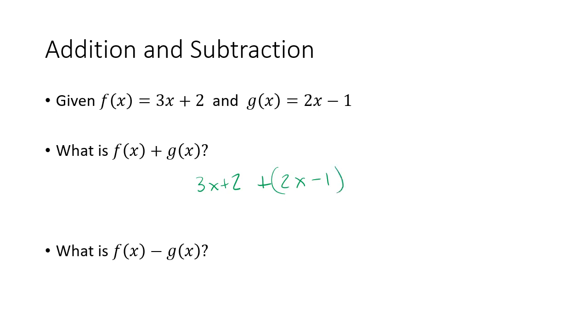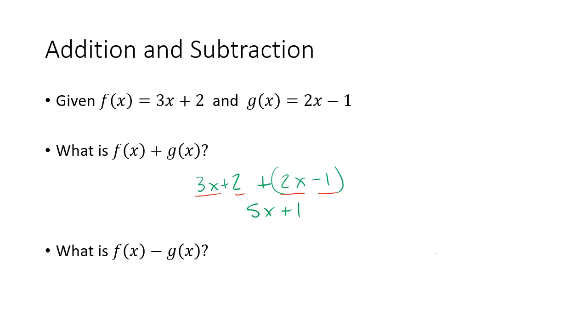You can think of that 2x minus 1 as being in parentheses because I'm adding that whole thing. And now we just need to combine like terms. The 3x and the 2x combine to be 5x, and the 2 and the negative 1, 2 plus the negative 1, is just 1, so this would be 5x plus 1.